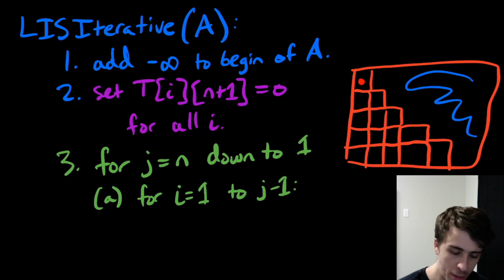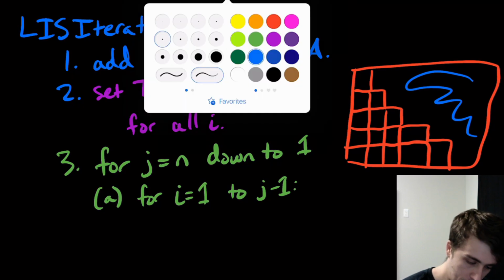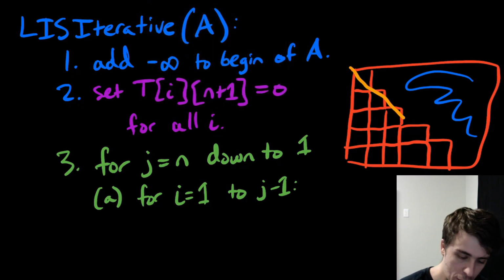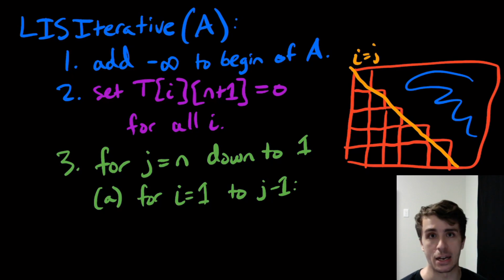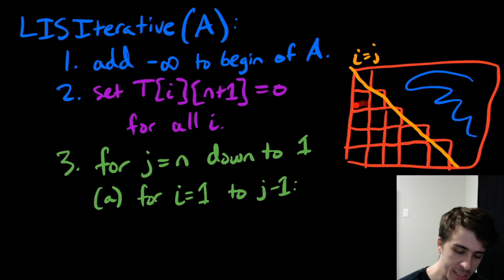And if you look down this diagonal right here, this is the i equal to j diagonal. And if you look down here, this is where the row number is bigger than the column number.